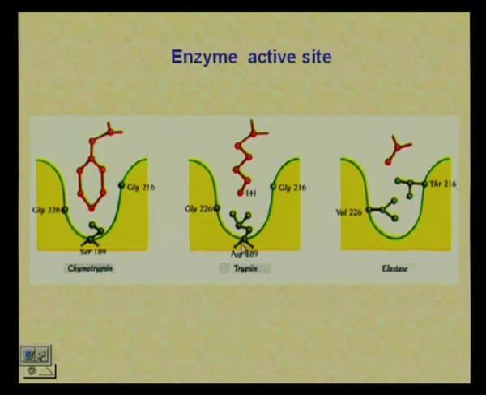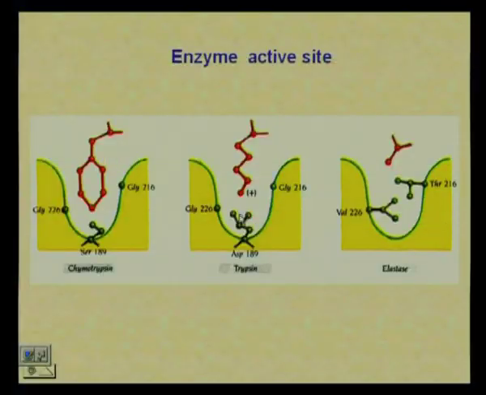Okay. The aspartic acid we know is an acidic amino acid residue. It has a negative charge associated with it. So, it is likely that the substrate that it is going to bind to is going to be of the opposite charge, a positive one here. So, what do we see here? We see a lysine here. Okay.